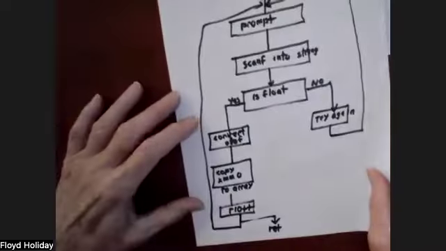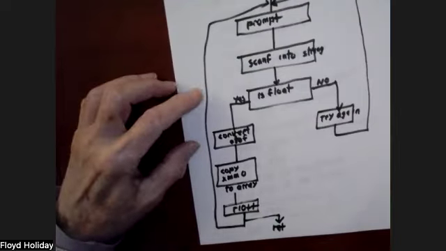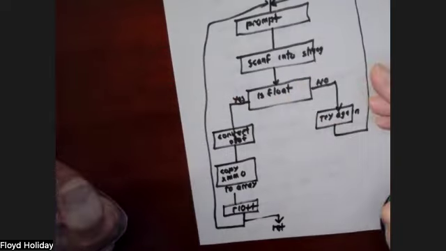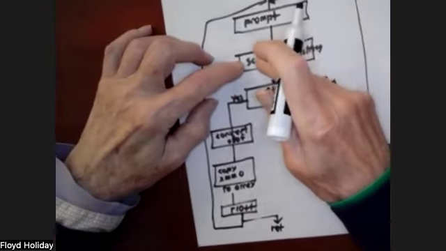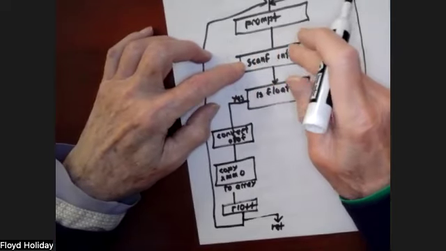Oh, yes, I keep forgetting. The diagram reveals something, but it doesn't reveal the exit. The exit is when scanf attempts to read your data, and it's a control D.